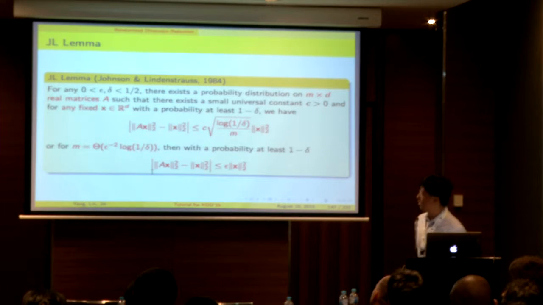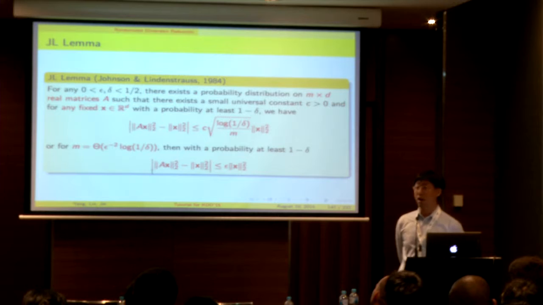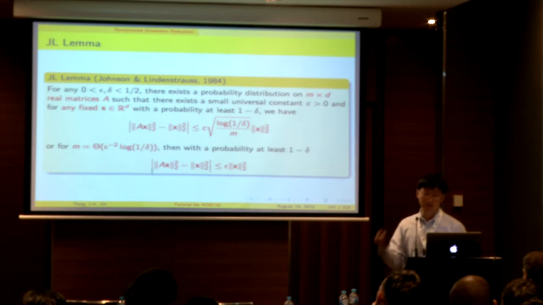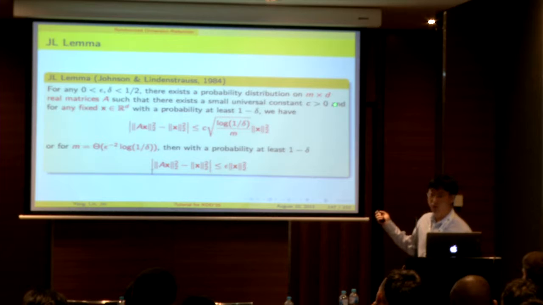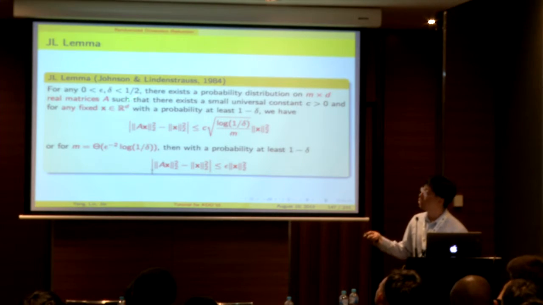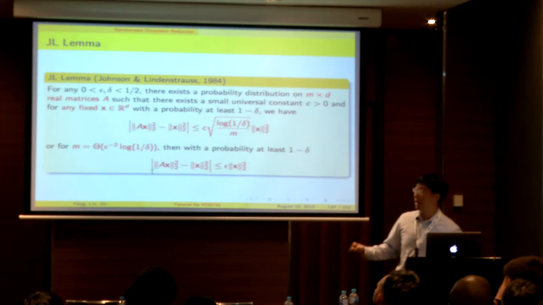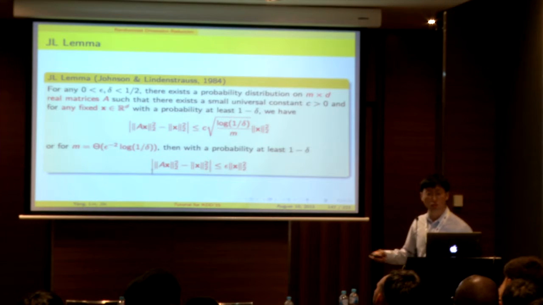This is a little bit long, but you can focus on the red parts. The lemma says that given a fixed vector x with d dimensions, there exists a distribution of matrices A, which are m times d. If you apply the matrix A to the vector to reduce its size from d to m, it is guaranteed that the Euclidean norm is well preserved.